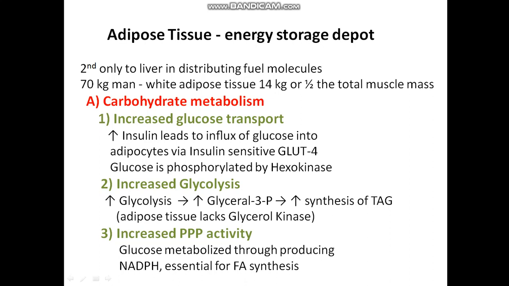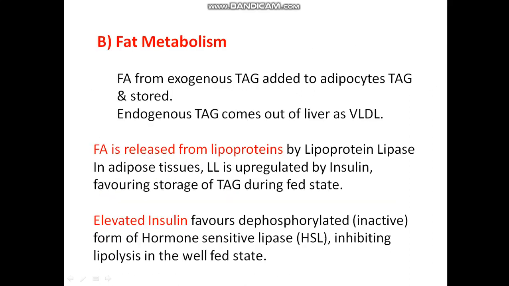Adipose tissue lacks glycerol kinase, that is why it is not degraded here. There is increased pentose phosphate pathway activity, glucose is metabolized through this pentose phosphate pathway and produces NADPH, which is essential for fatty acid synthesis.